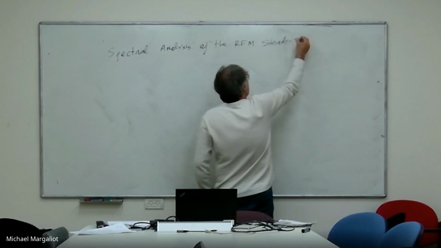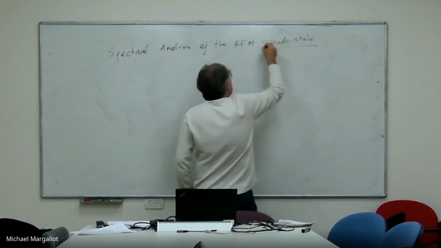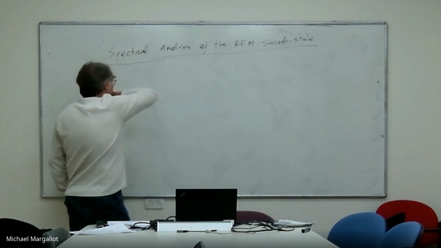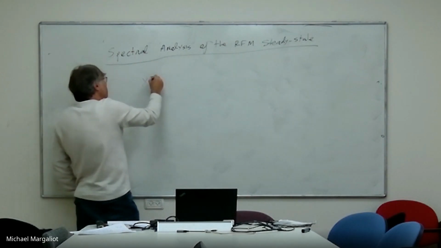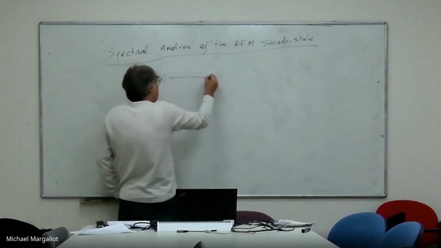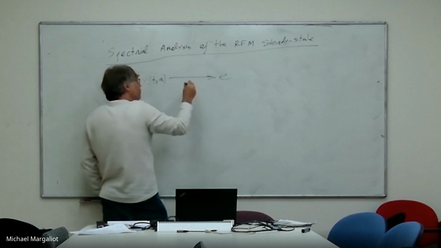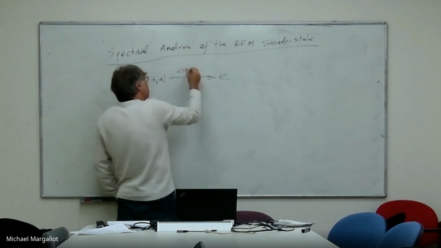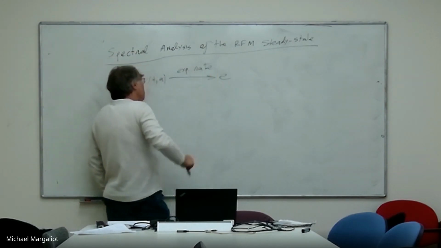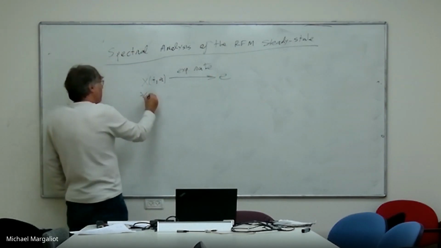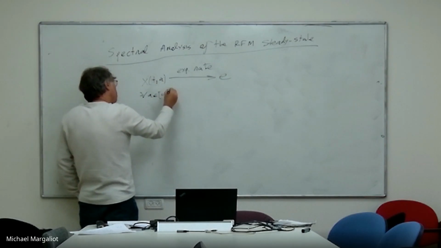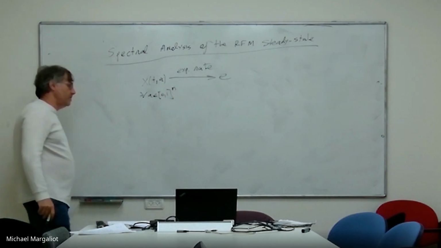This is also a very important notion. We go back now to a single RFM, and we know that in this RFM, everything converges to the unique equilibrium at an exponential rate. This is for any a in my state space.